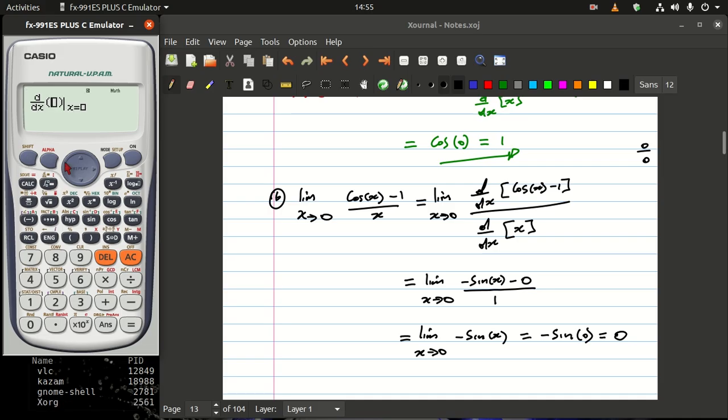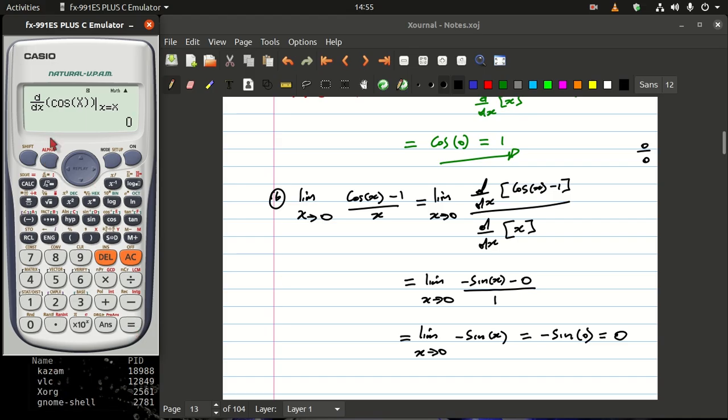So this one is supposed to be cosine of... let me do this. I don't know why this is not doing it.